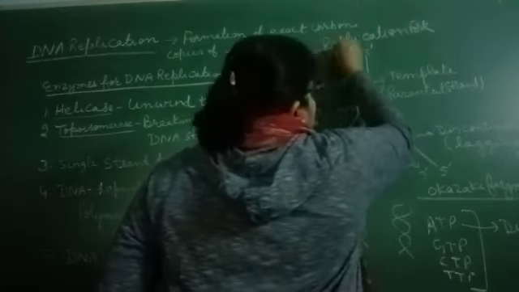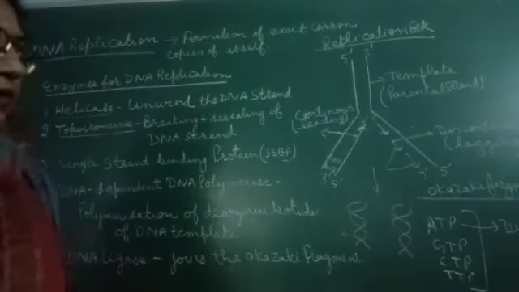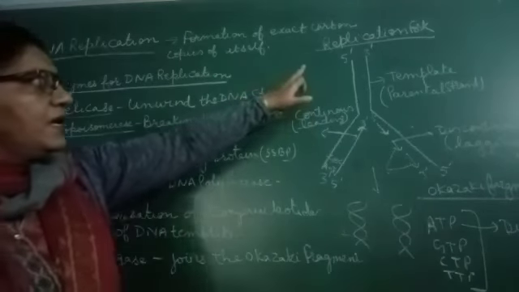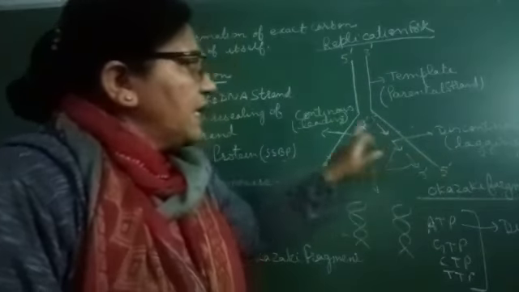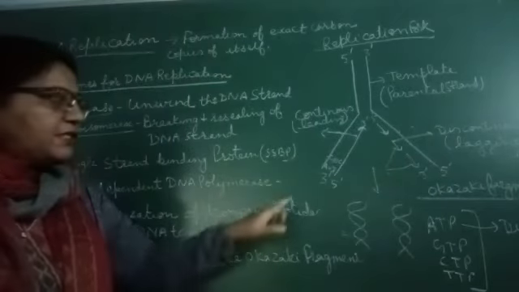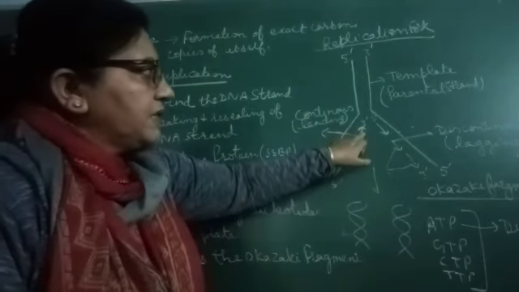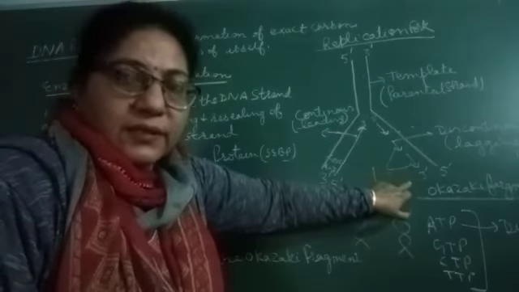This diagram is again very important. We have the polarity 5' to 3', 3' to 5', but the new strand will always form from 5' to 3'.